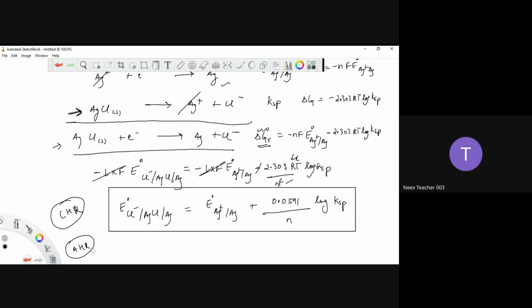If there is a question where a cell reaction is given, and in that cell reaction there is a half cell of this metal insoluble anion salt, then you need to utilize this there. It's not a complete cell. Again, I am saying it, this formula looks like it is for a complete cell, but no, it's a half cell reaction only.